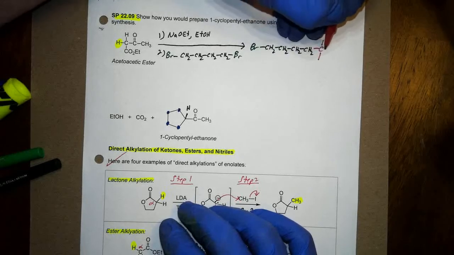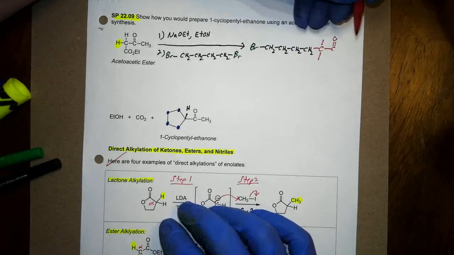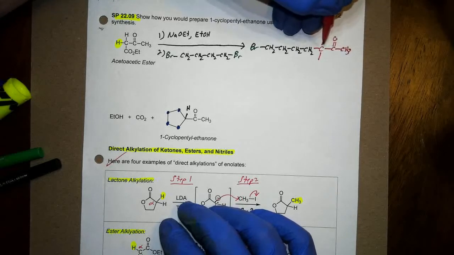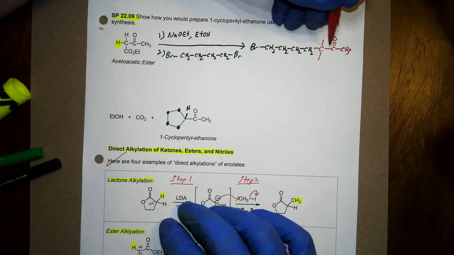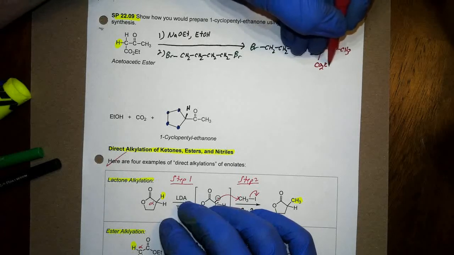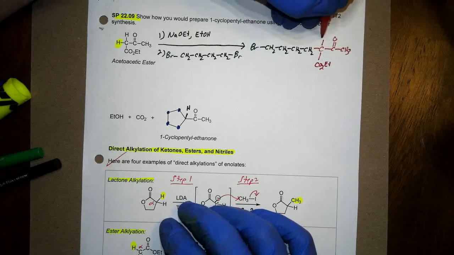How many times have you heard me say that? So you've done a monoalkylation. The distinction here is you have a bromine on one end. So let me sketch that. And there's that hydrogen.